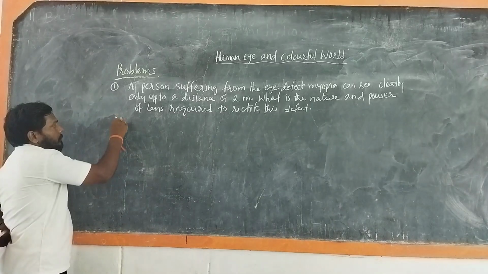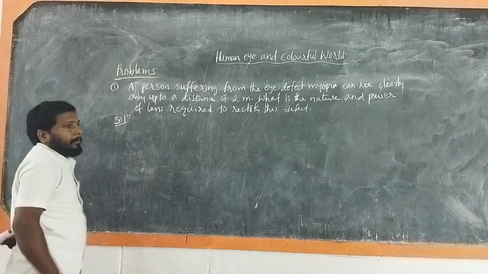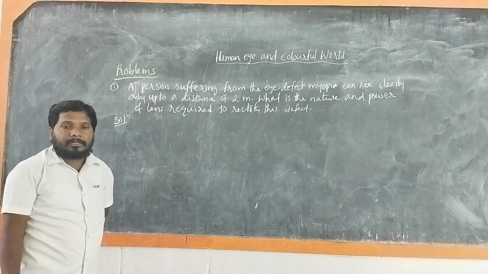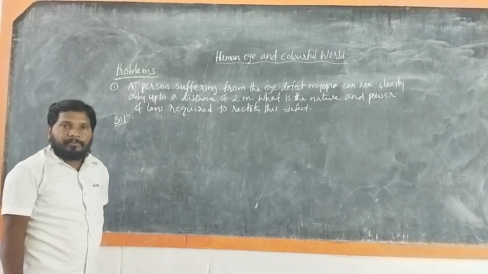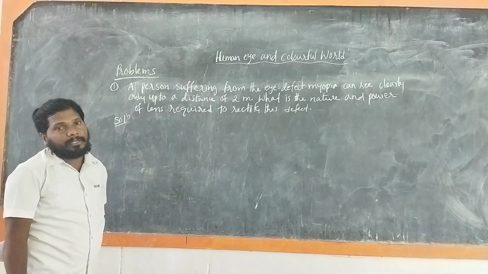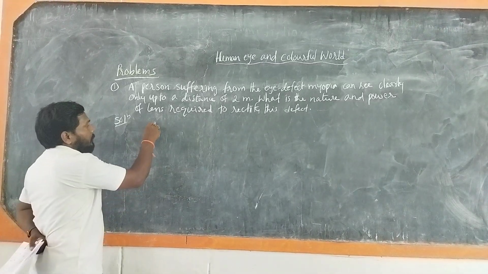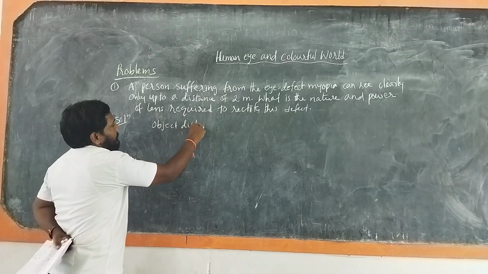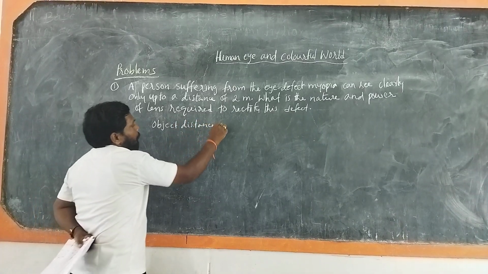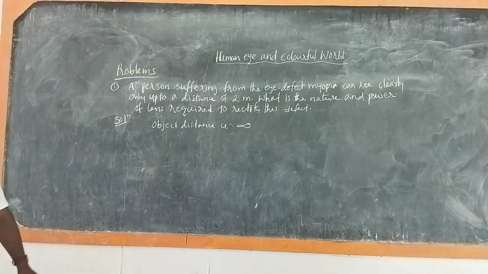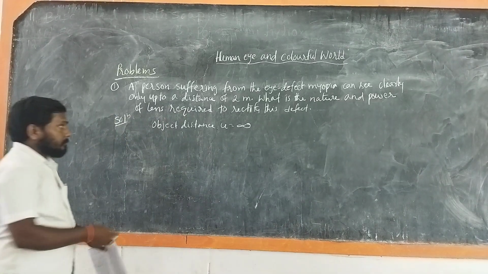Let's know. For a person suffering with myopia, object distance u is equal to infinity.